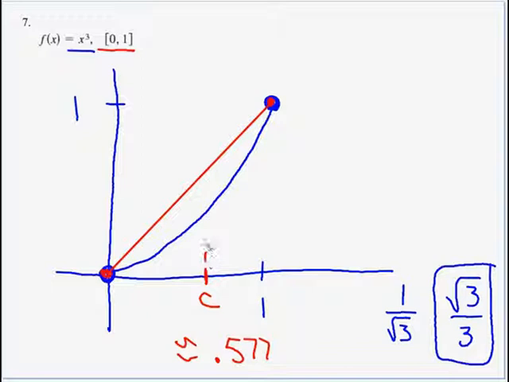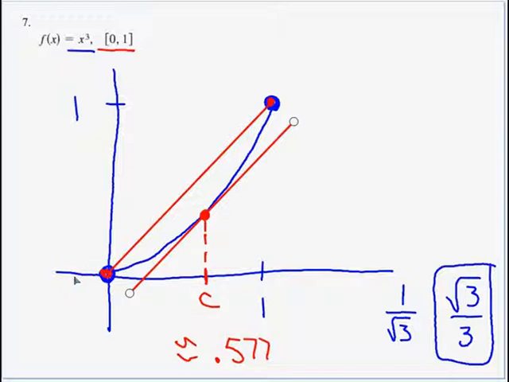If we were to go up to the function and there'd be a tangent line there, that tangent line is going to be, whoa, that's pretty terrible. Why don't I copy that and paste it, and I'll just move it over, and it's got to be parallel. So there we found the x value, or here we're calling it c, that will give us a tangent line that is parallel to this secant line.